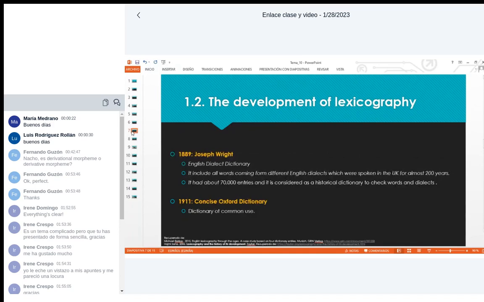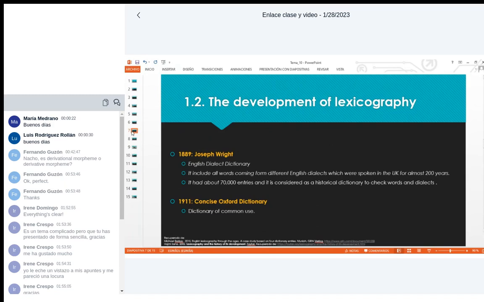Well, and by the end of the 19th century, Joseph Wright also wrote the English Dialect Dictionary, where he included different words coming from different English dialects in the UK, and he made a compilation of almost 200 years of different English language.